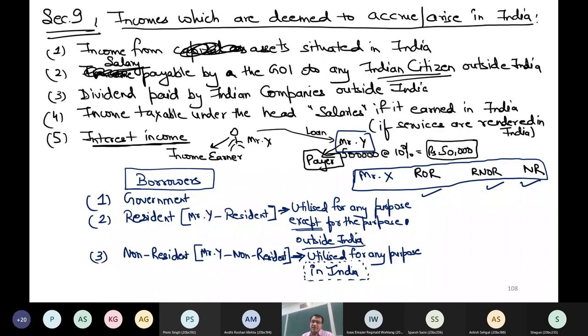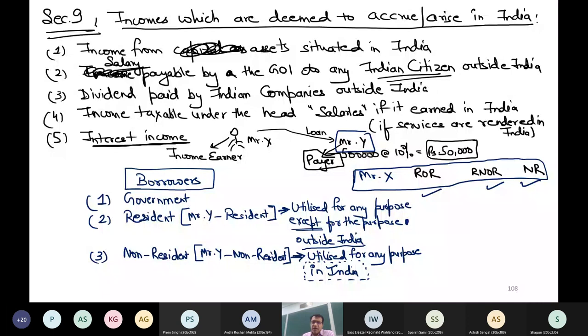I, Mr. X, have given 5 lakh rupees to the Government of India, and the Government of India is giving me every year 50,000 rupees. This 50,000 is treated as income deemed to accrue or arise in India, and I will include this as my income whether I am ROR, RNOR or NR.